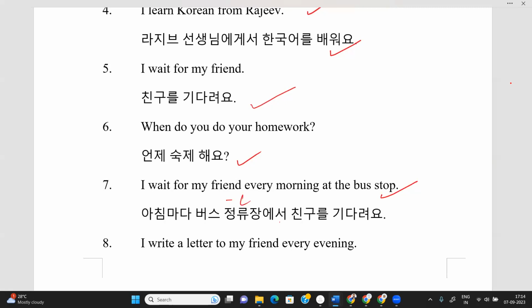This ryu will be pronounced with no sound. 정류장. According to the batchim rule, this will be a change in pronunciation, because this is ng at the end, so this ryu will be pronounced as nyu.